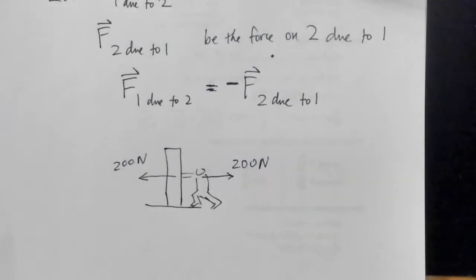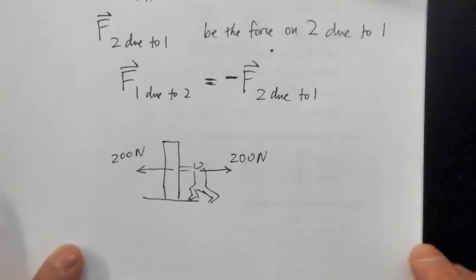Questions about that? Yeah, that's exactly what we're going to get to in just a second. That's actually why I want to do Newton's third law, so we can put these together. So that's pretty straightforward.